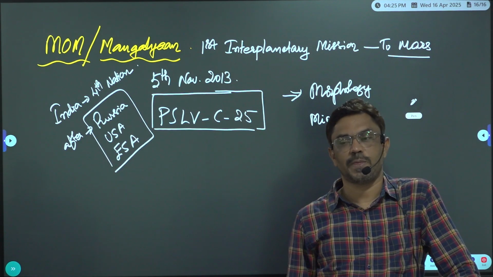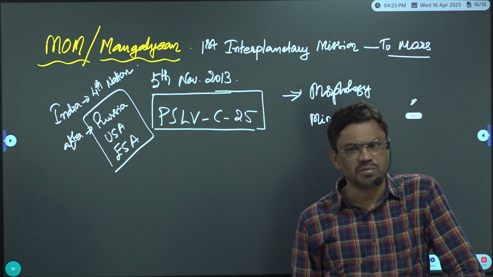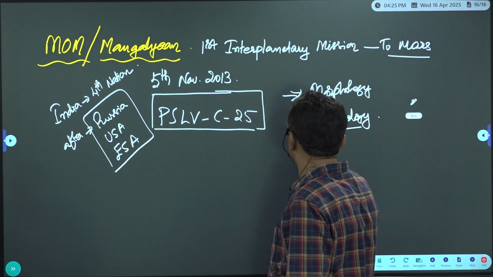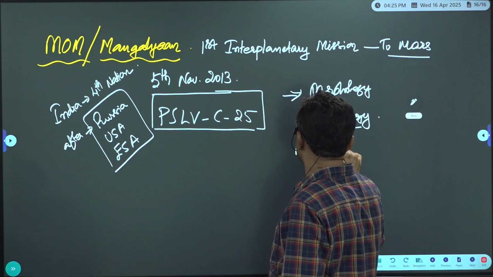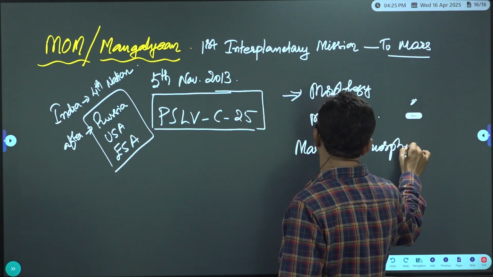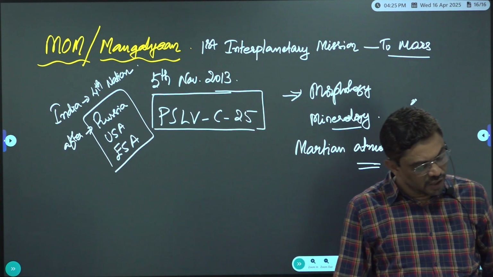Mars surface features can be studied, that is morphology, and the Martian atmosphere can be studied by using some scientific instruments. Just remember that one.